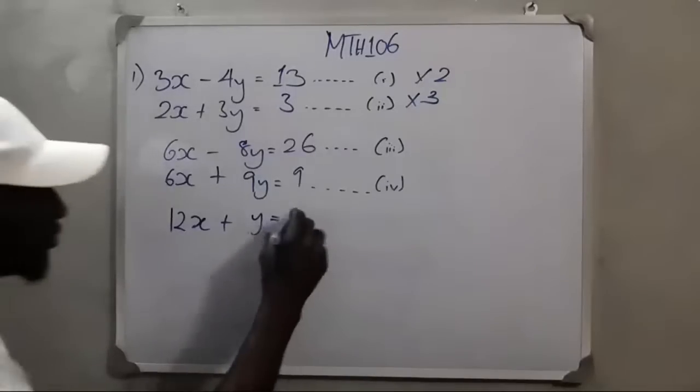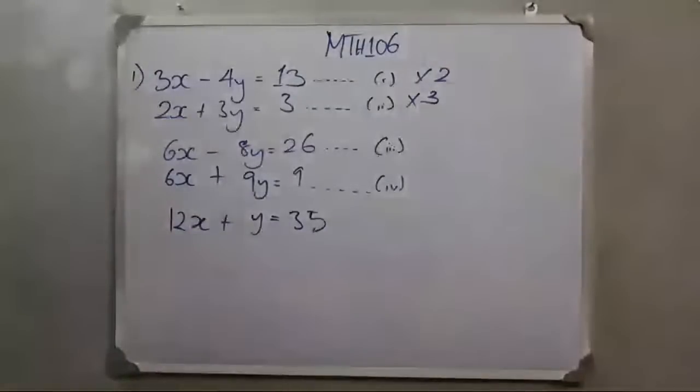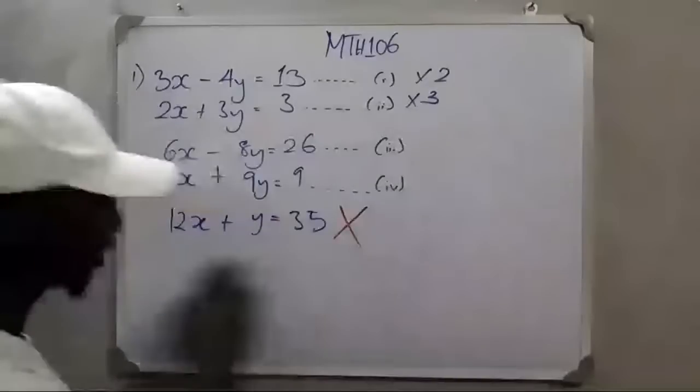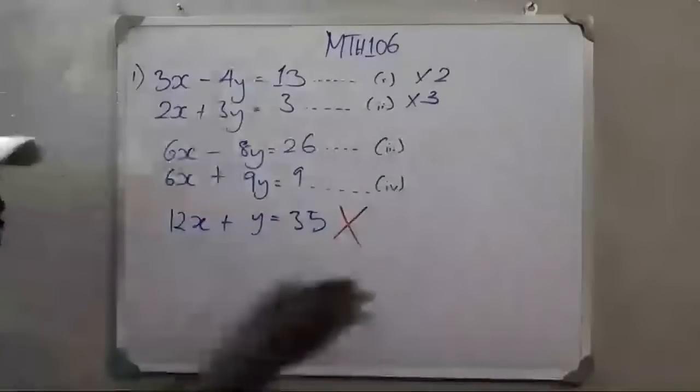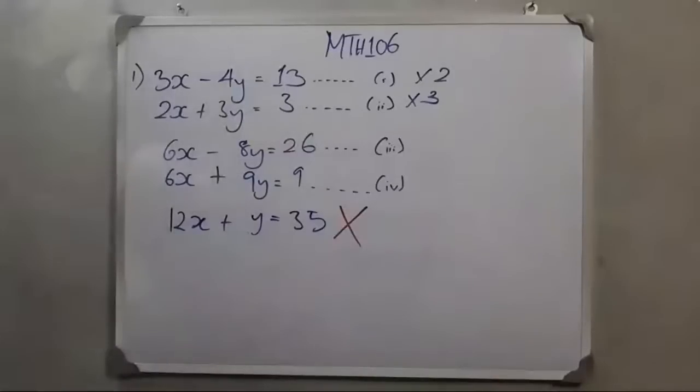This is 35. This will have been a blatant lie, because we can't solve, we are stuck here. We are stuck because we are still having 2 unknowns, and at this stage we should not be having 2 unknowns.